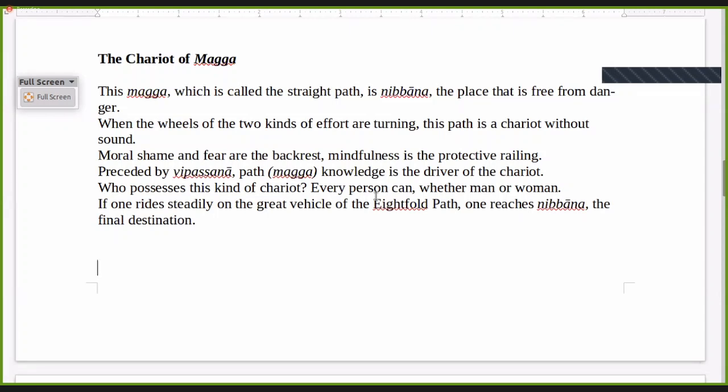So to ride on the grand vehicle of Maga Vipassana Maga, fitted with two wheels of Kayika Viriya and Cetasika Viriya, yogis must be engaged in mindful noting while occasionally walking up and down.